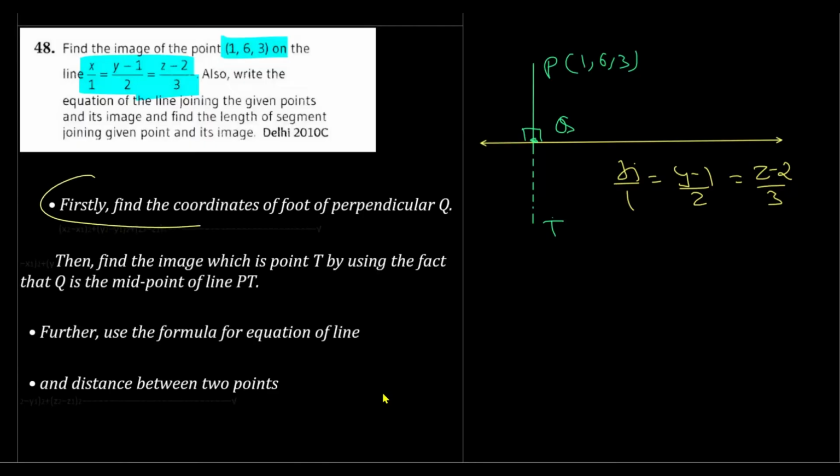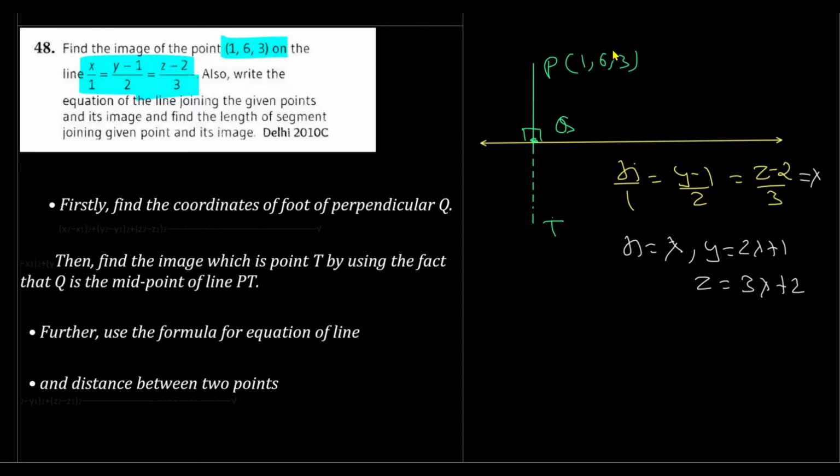As I said, first we'll find the coordinates of the foot of the perpendicular. So how can we do this? If I take this equal to lambda, by comparing, x comes out to be lambda here. y will be 2 lambda plus 1, and z should give you 3 lambda plus 2.